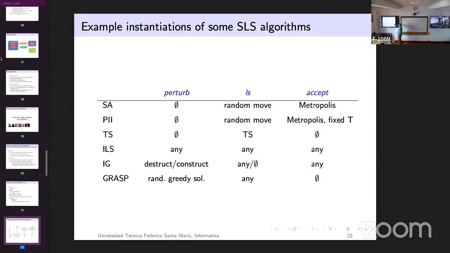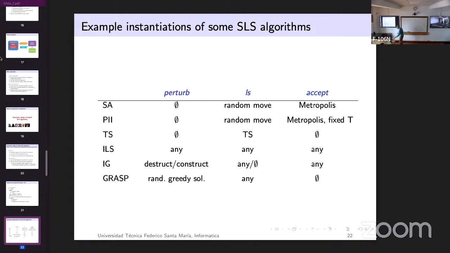For tabu search, the local search is the tabu search. The ILS can be any, but it has to be. The iterated local search is the same thing as the ILS if it's using a local search. So it has a perturbation. Then it also has the possibility that you don't have a local search, and you have the acceptance criteria, and so on and so on.